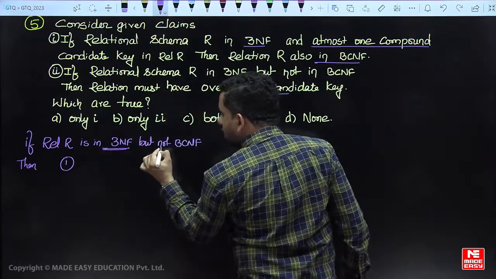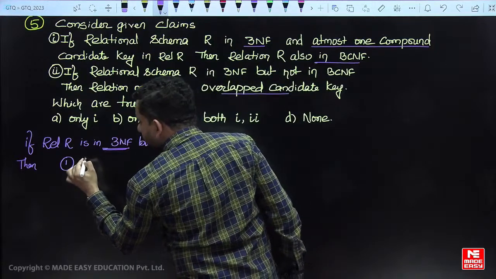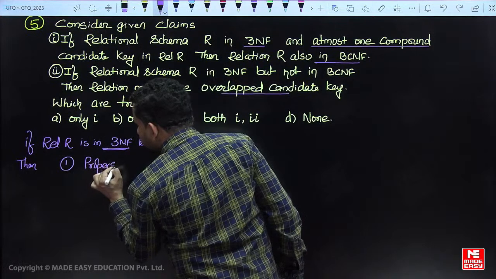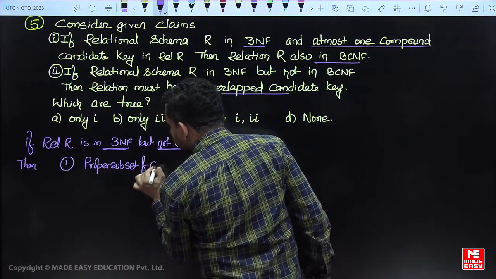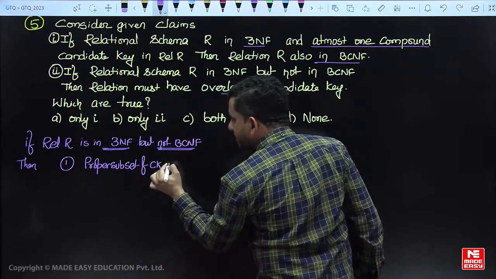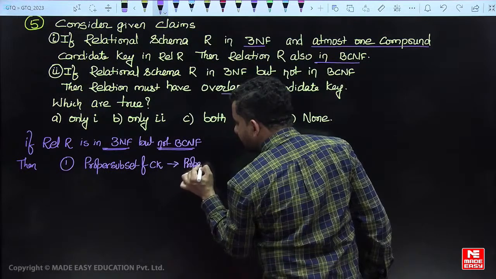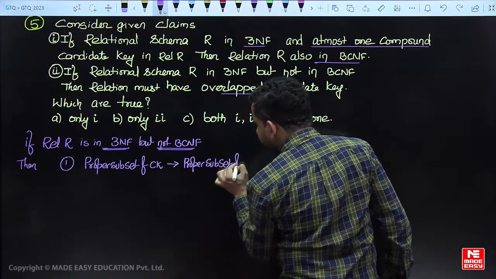But if it is not BCNF, there is only one possibility: a proper subset of a candidate key determines a proper subset of another candidate key.